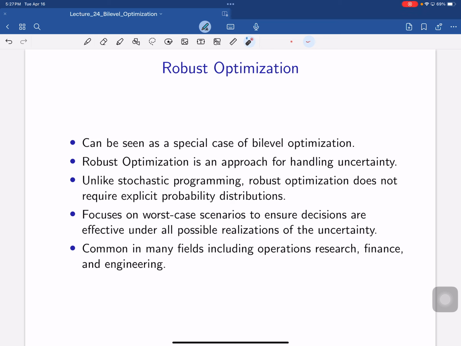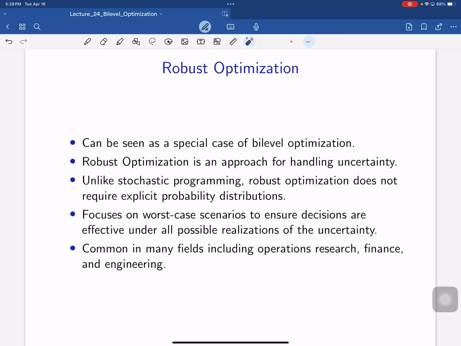Okay, so in two-stage stochastic programming, remember that we are optimizing for the expected cost. Right? So the news vendor is trying to optimize his or her expected profit by selling the newspapers. Okay, so in stochastic programming, we are taking a so-called risk-neutral perspective, right? We're minimizing the expectation. But robust optimization is a so-called risk-averse approach.